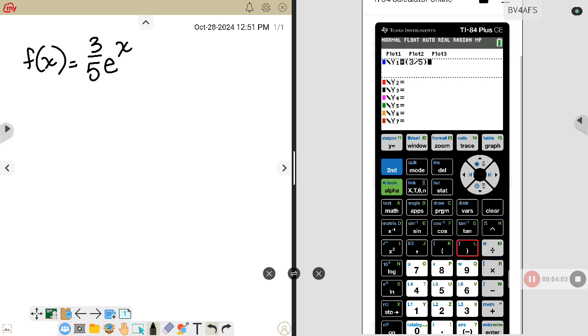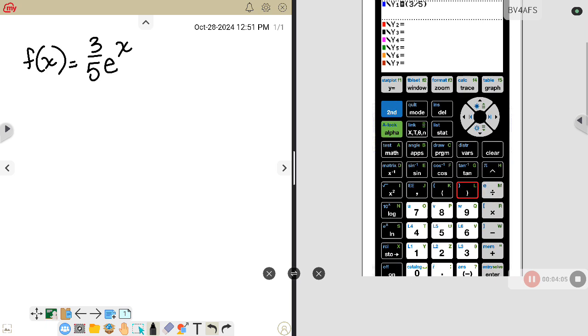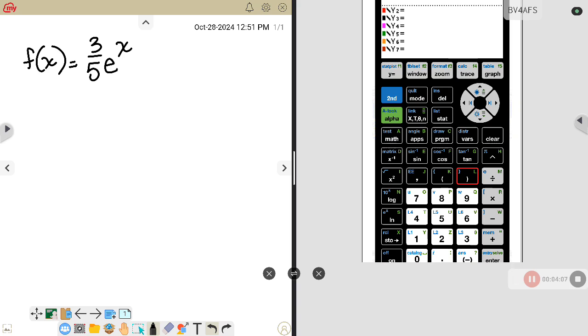So open 3/5, close. The e is, if you look on that very left column, the one that has the green S on it, that also in blue has e to the x power. So since we need to get to the blue function of that key, we need to hit the blue second button first.